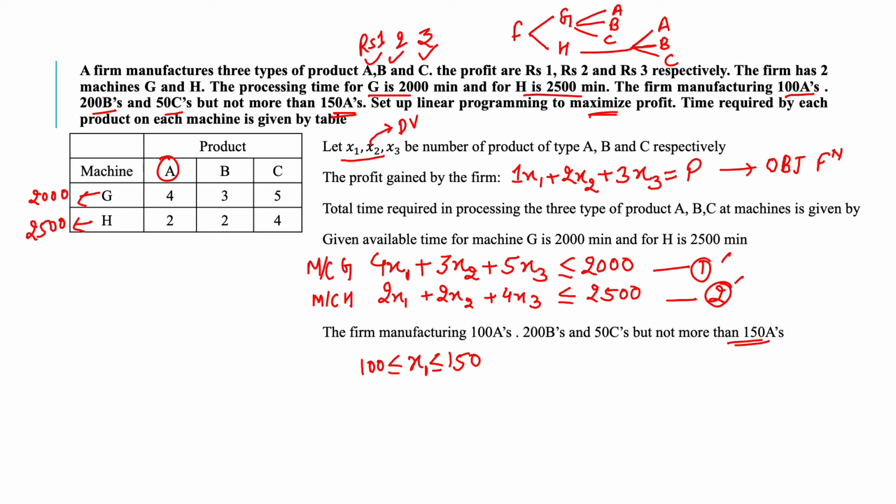Next, for product B, it is more than 0 but less than 200. For product C, the manufacturer will produce greater than 0 but less than 50. So that will be my third constraint equation. So I got my decision variables, I got my objective function, and these are my constraint equations.